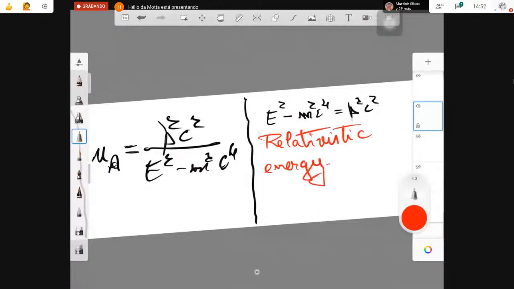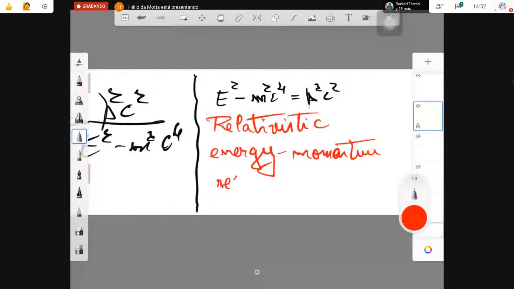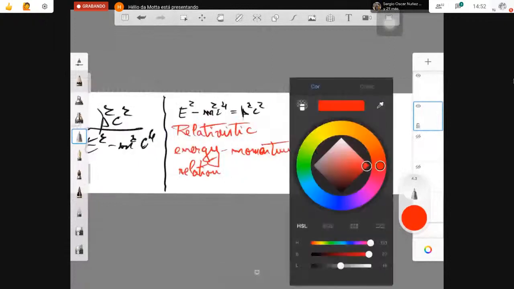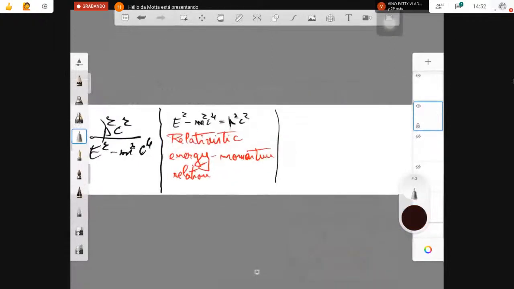This is the energy-momentum relation. That's the same one we used at the beginning to get to the Dirac equation. And then, remember this is E squared, so when you get the energy itself, you get a positive value and a negative value.